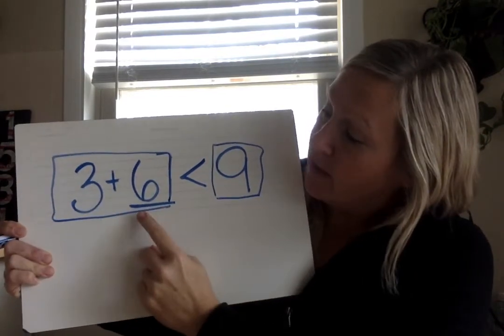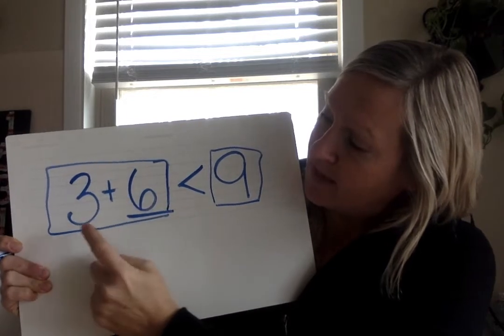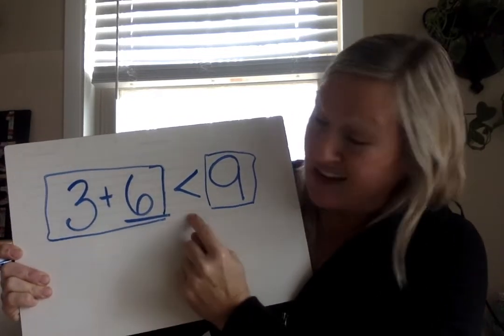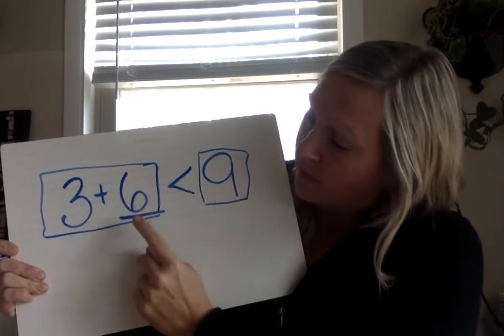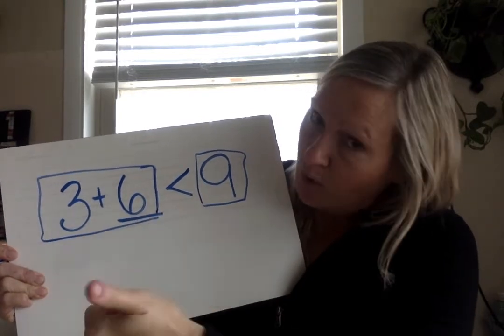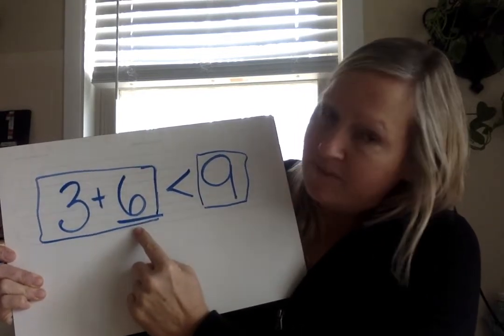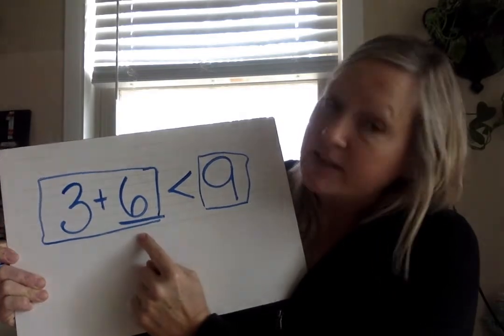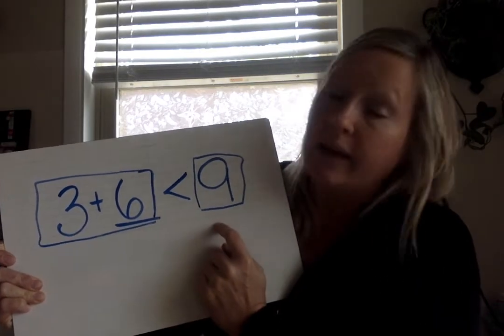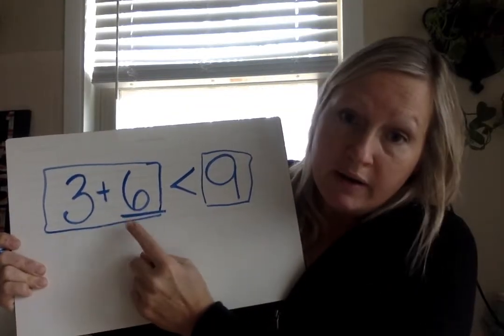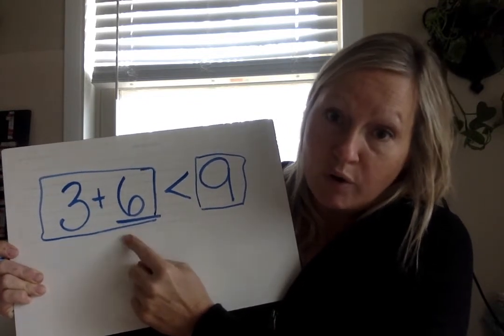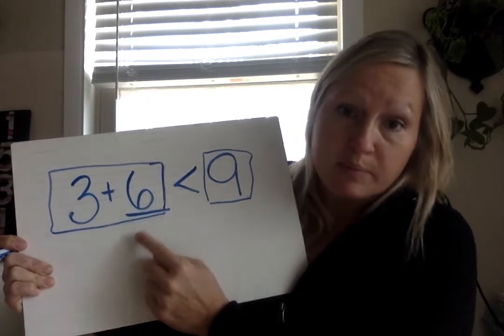Equal. So I know 6 is too much. So then if I put 7, 3 plus 7 is 10. Is 10 less than 9? Nope. So I've gone too far. So I know I could put a 1. What about 5? 3 plus 5 is 8. 8 is less than 9. That would work. So a 1, a 2, a 3, a 4, or a 5 could work in this problem.